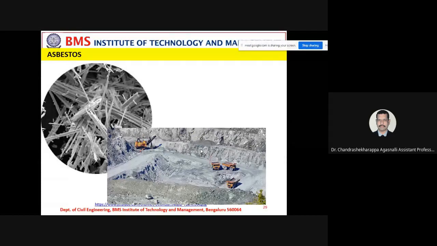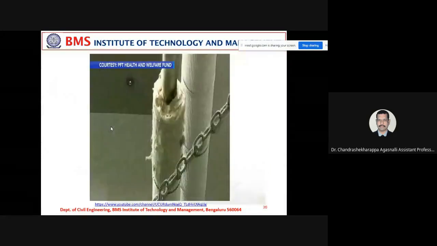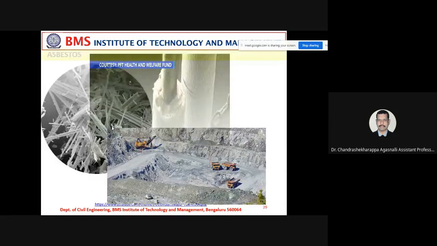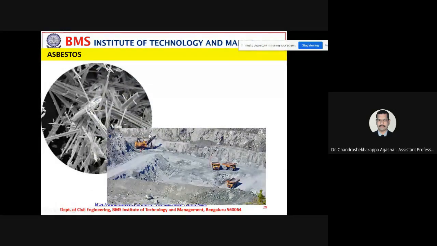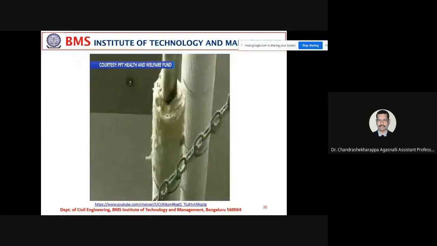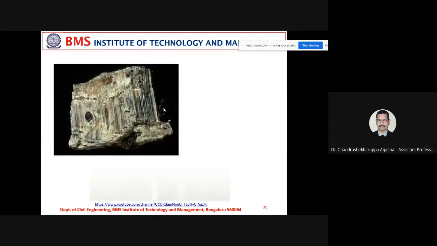Same thing here also. Because it's hydrous in nature, if you take this inside your body, it may be a problem, because of its silicates. And here we can see some of the places where we are using this.